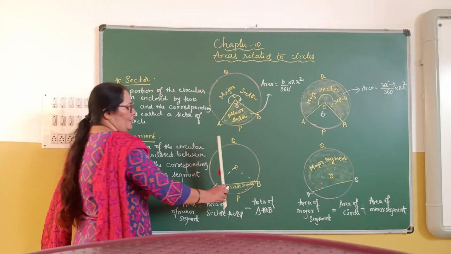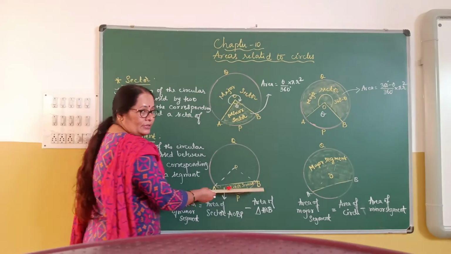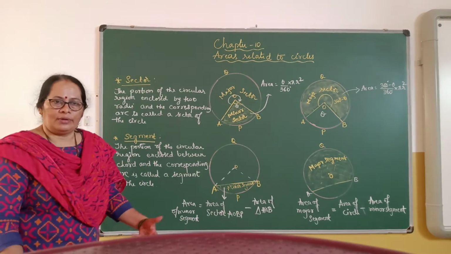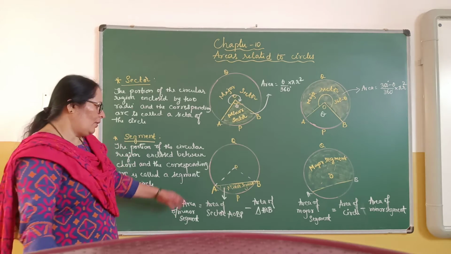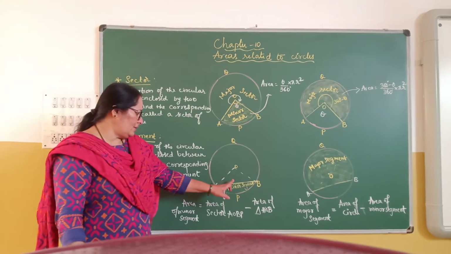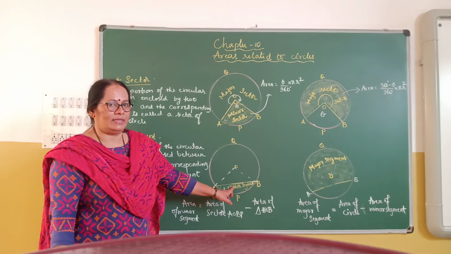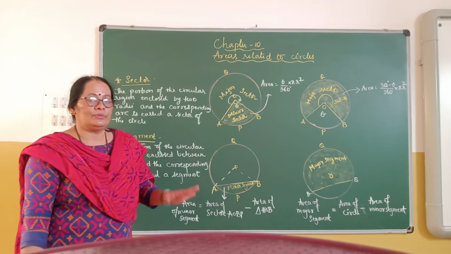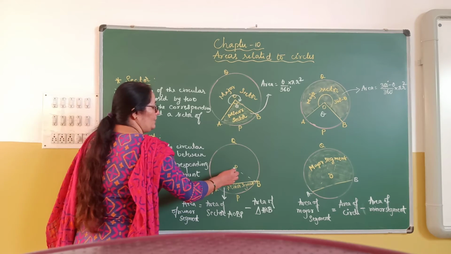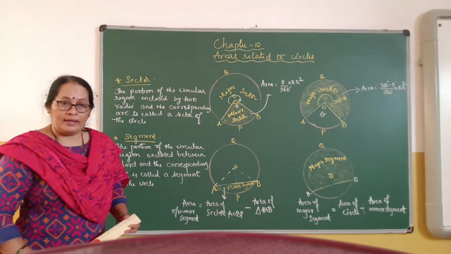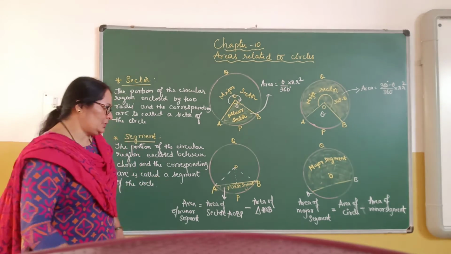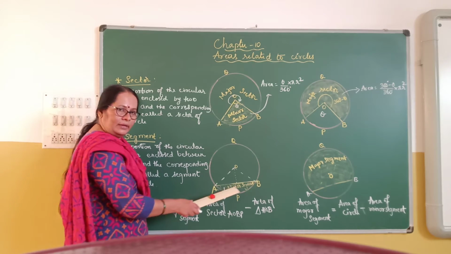Sometimes the perpendicular height and base, that is the length of the chord, is given, then you can use half into base into height. Sometimes only the radius is given and the length of the chord is not given, then first you need to draw a perpendicular from the center to the chord, then apply trigonometric ratios to find the length of the chord.